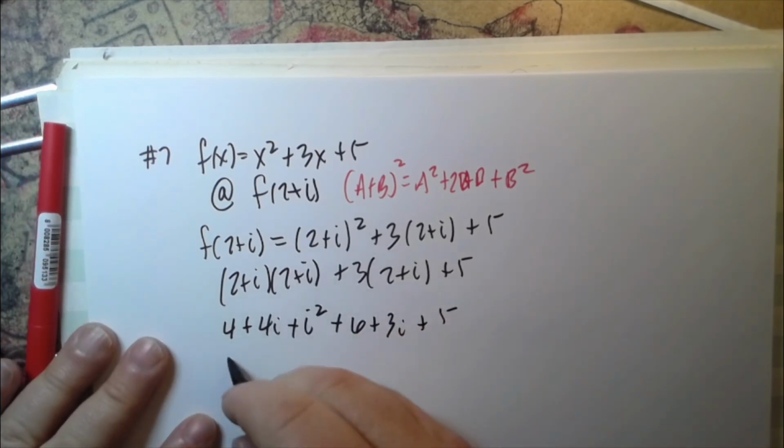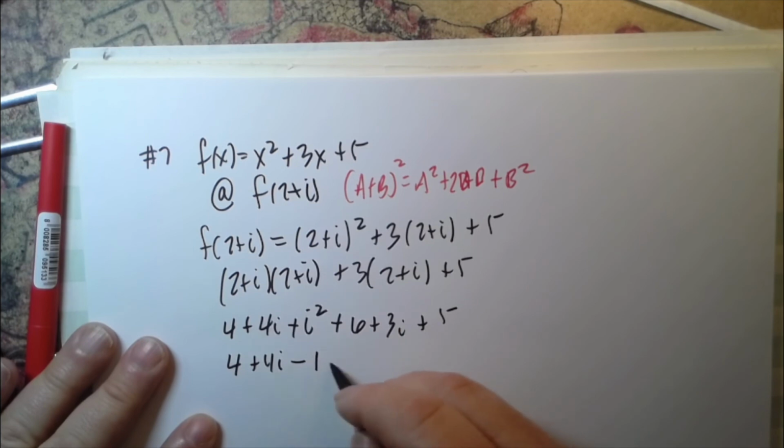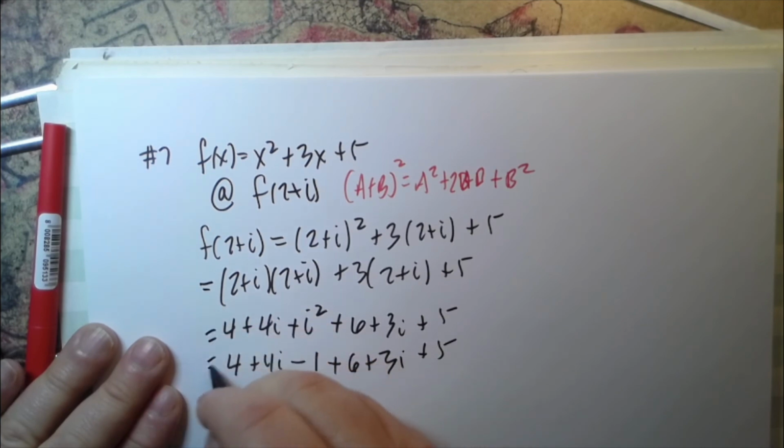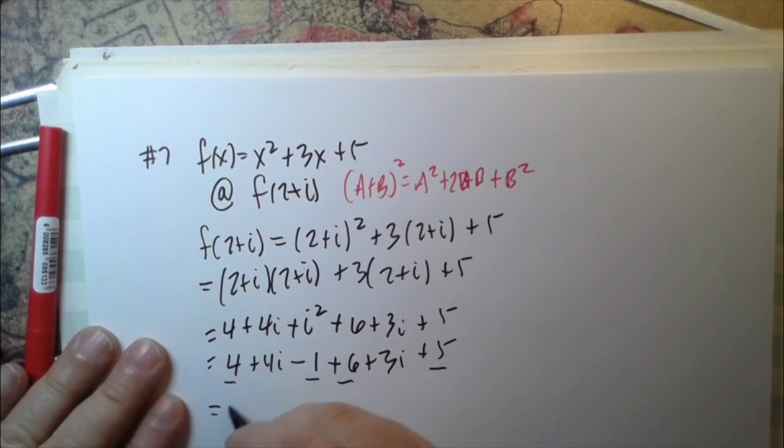Now that's a negative 1, so I'm going to get 4 plus 4i minus 1 plus 6 plus 3i plus 5. Now we just combine the real parts. So we get 5 and 6 is 11, minus 1 is 10, plus 4 is 14. And then we just combine the imaginary parts and we get 7i, like that.